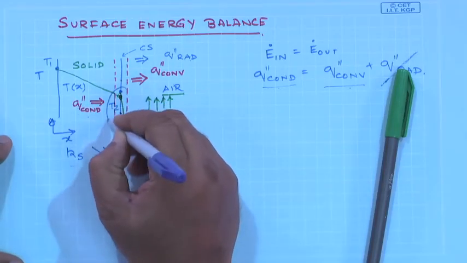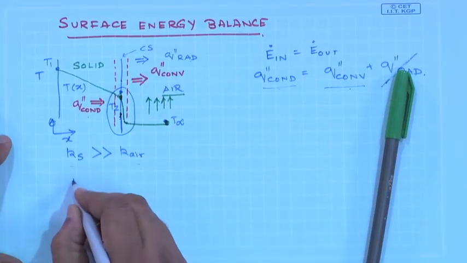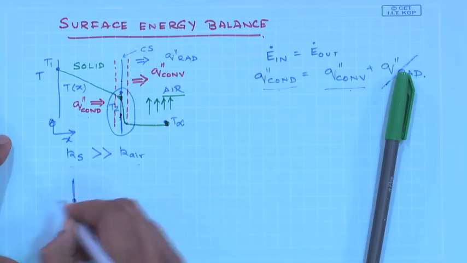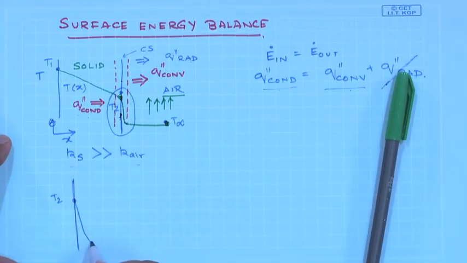So, if I enlarge this section, it would look something like this. So, this is my control surface, this is T2, and the temperature profile changes drastically, and this is my T infinity.